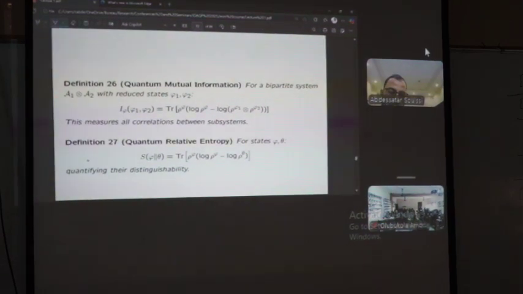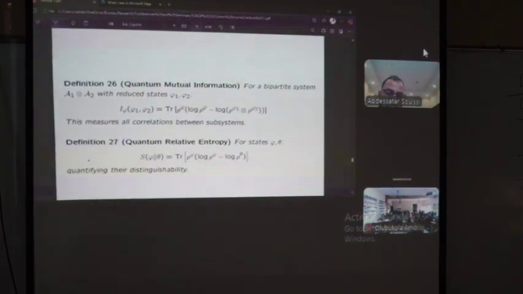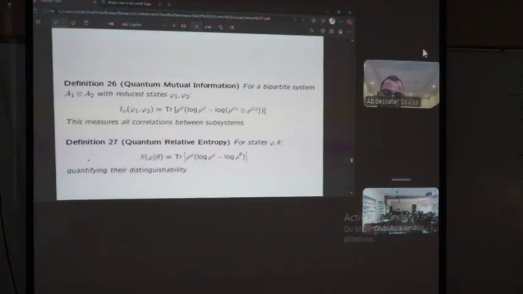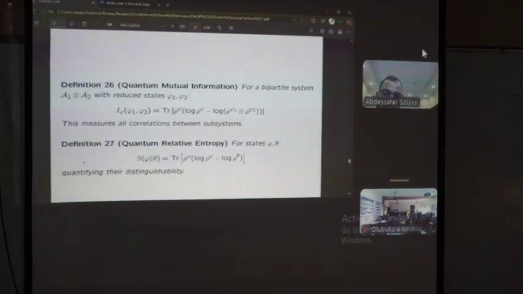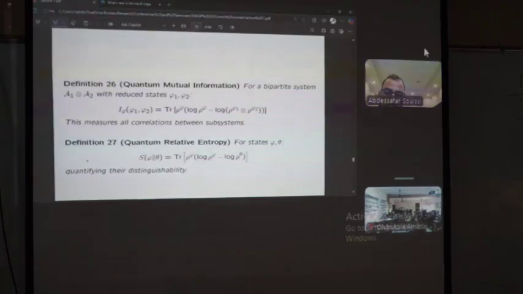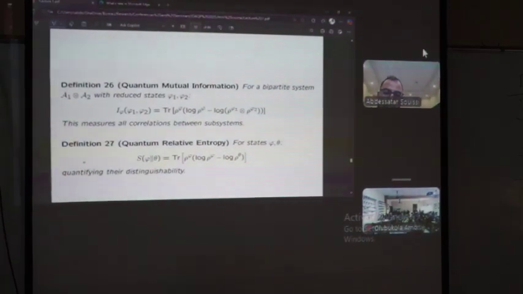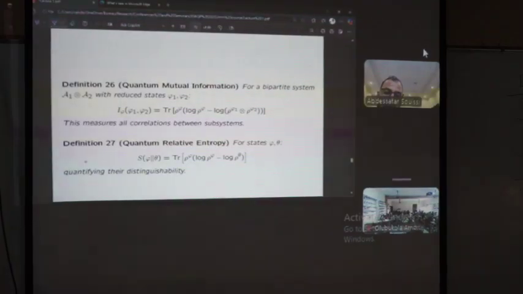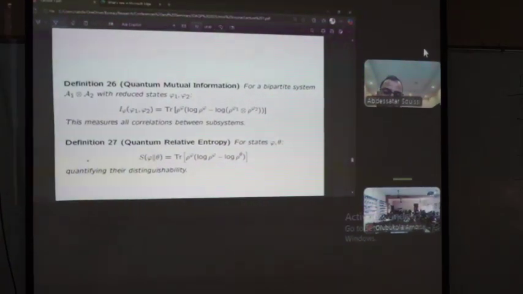You have a bipartite, or composite, system. Then we can see the mutual information of phi 1 and phi 2. And here, in this separable case, this characterizes whether the state phi is a product state or not.